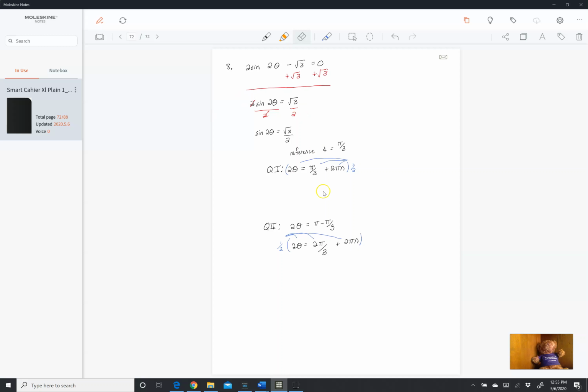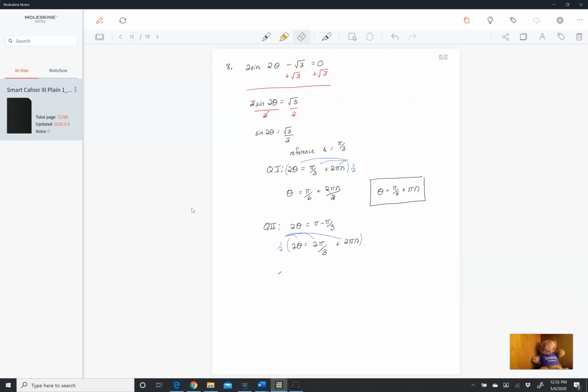Multiplying by 1/2, again, I just do it that way so that it might be a little bit easier for you to look at your denominator here. So we get rid of the 2, we get pi over 6 plus 2 pi n over 2. This means theta is equal to pi over 6 plus pi n. Remember, you want to reduce your fractions, so the 2's cancel here.